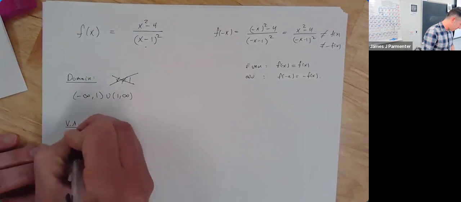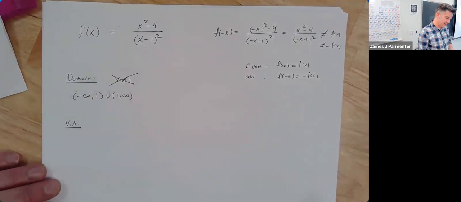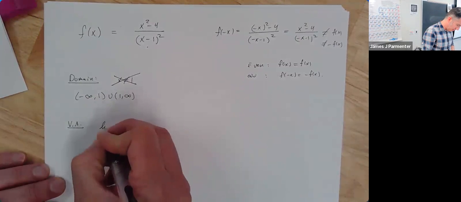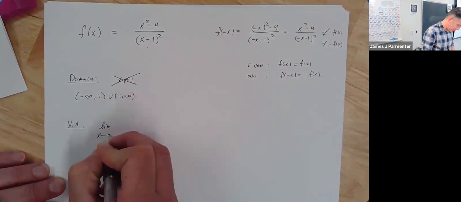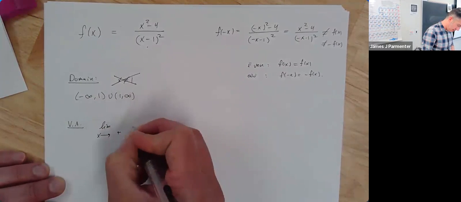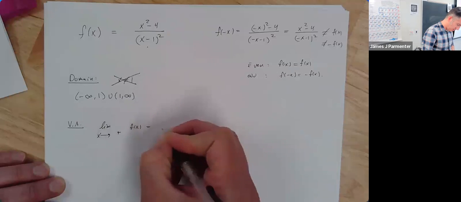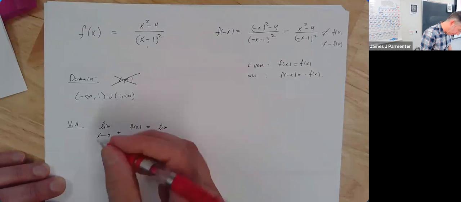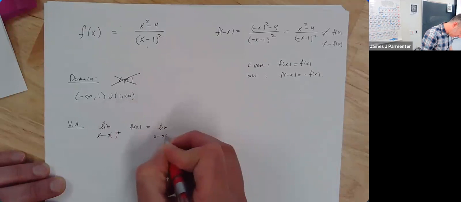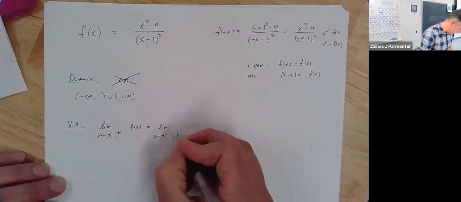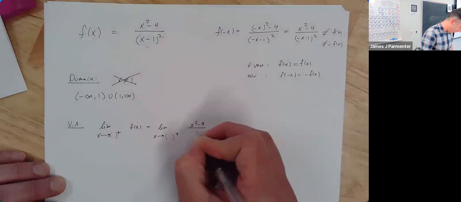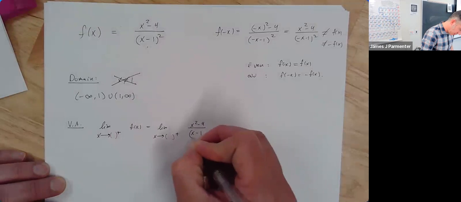Vertical asymptotes. This is kind of funky. She gives you the limit as x approaches something from the right of f of x, equals the limit as x approaches some value from the right of the actual function written out, x squared minus 4 over x minus 1 squared.